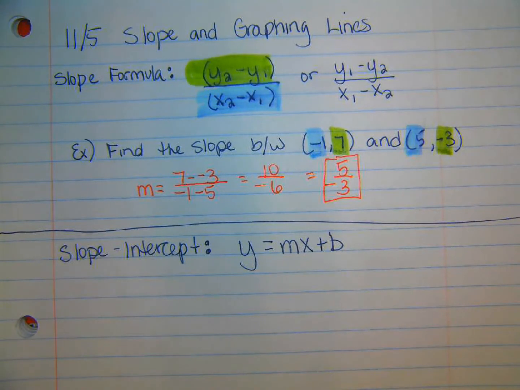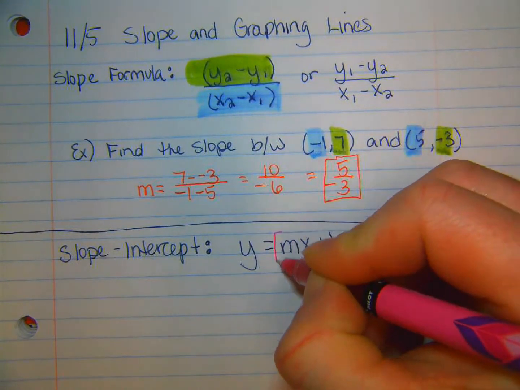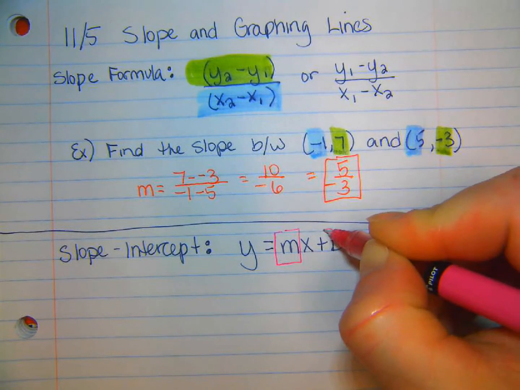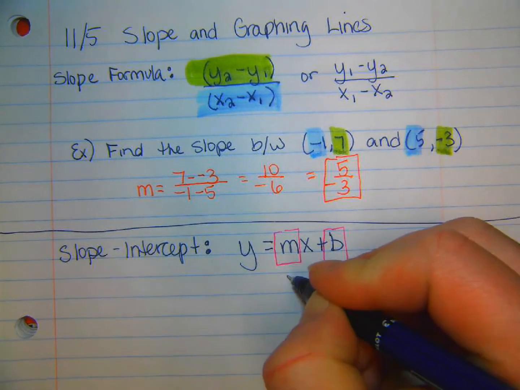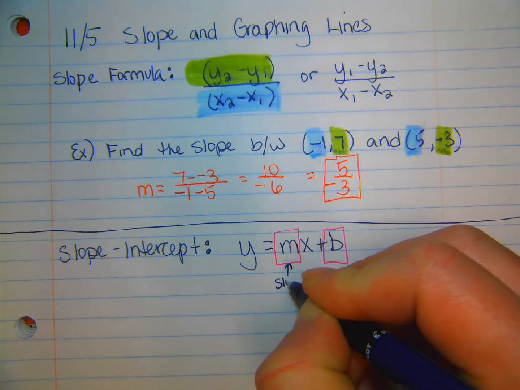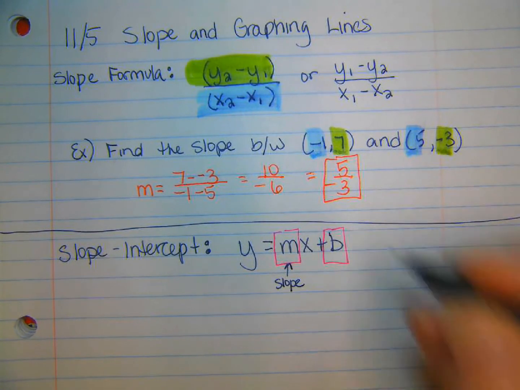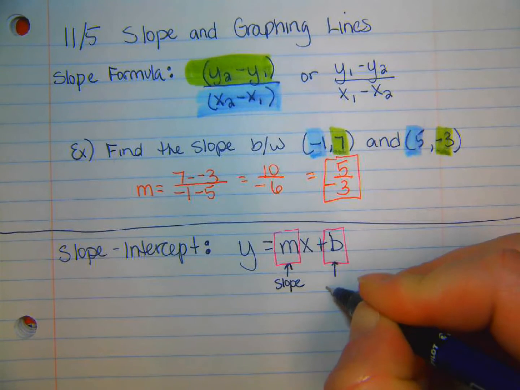Would you put a box around m and a box around b? The reason you're putting a box around those things is those are going to be numbers. You're going to see numbers. This number here is your slope, and the number here is your y-intercept.